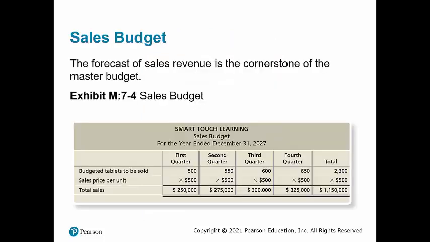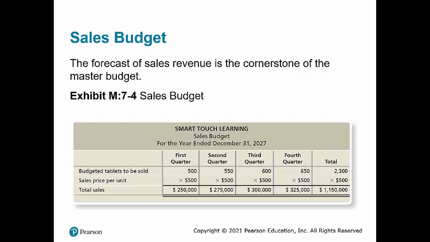The first budget that is completed is the sales budget, and the reason why is it estimates the amount of sales revenue, but it's also the cornerstone of the master budget because the level of sales affects production expenses and almost all other elements of the master budget.